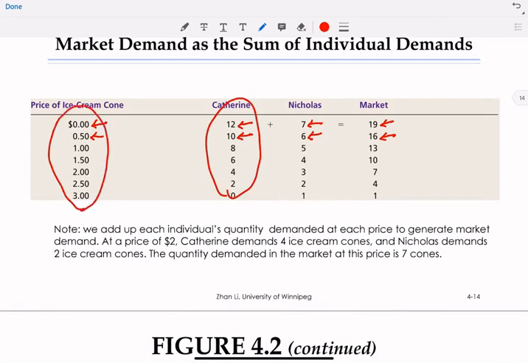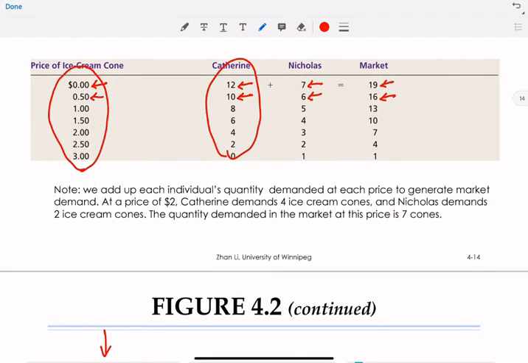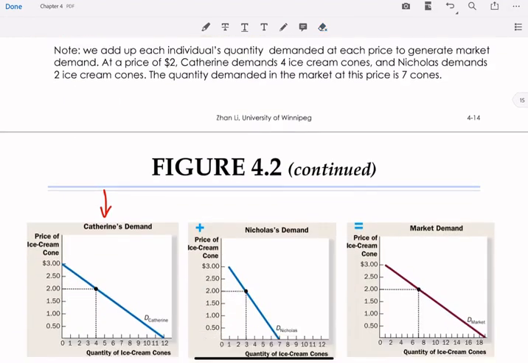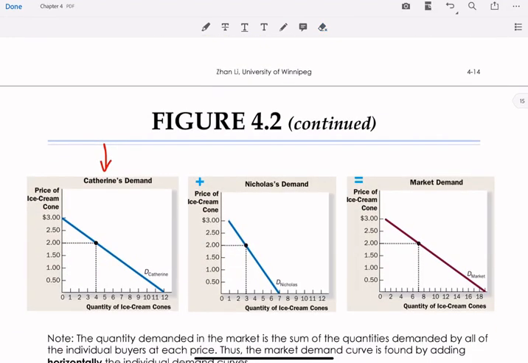If you draw these prices on the horizontal axis, and these numbers on the vertical axis, you will have the demand curve you want. So this is Catherine's demand. And we could also draw out Nicholas's demand.